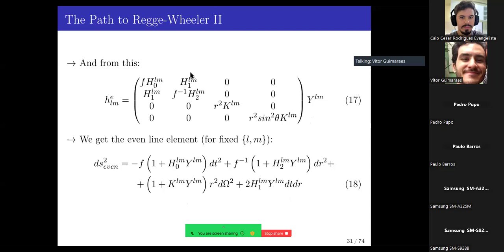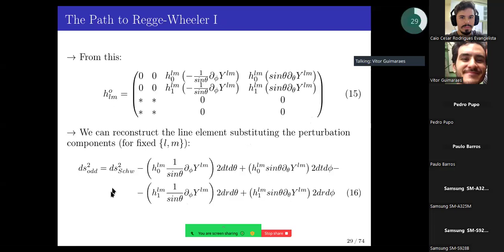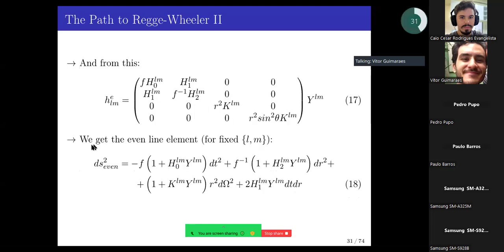So now we have the two line elements: the odd line element with only off-diagonal terms, and the even line element with diagonal and off-diagonal terms as well.